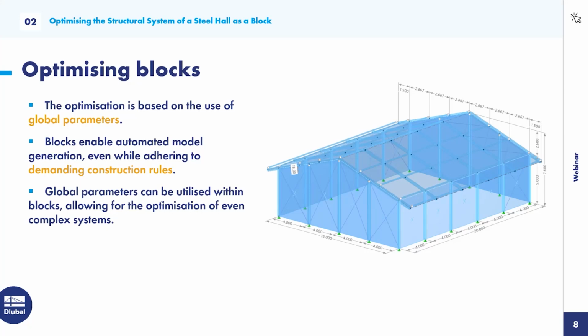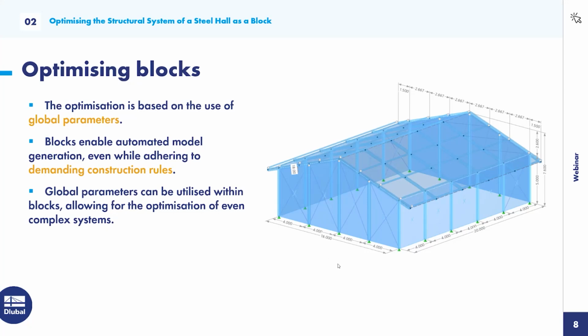And this configurator for itself takes input values. And the idea I would like to show you today is using the global parameters as input values for blocks. And with this combination, you can achieve an optimization of structures which has some demanding construction rules within.